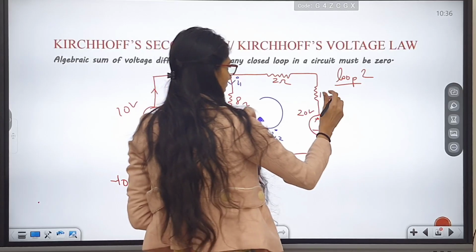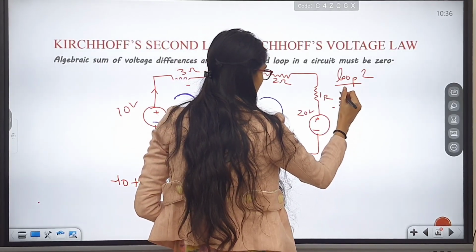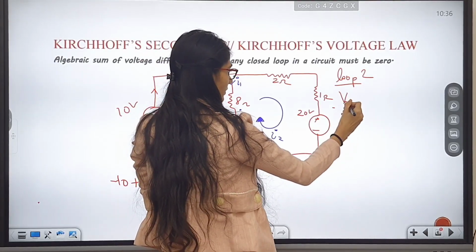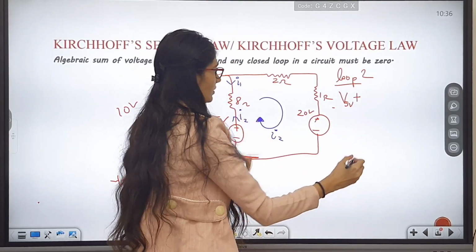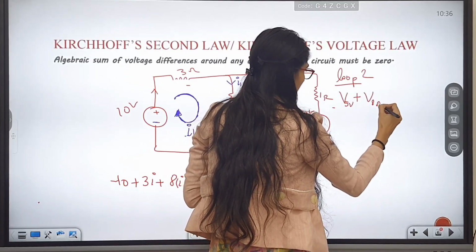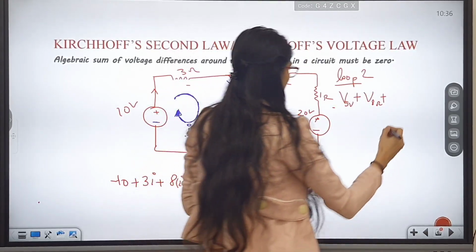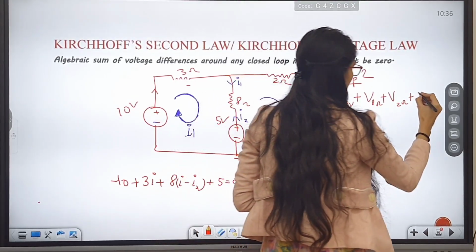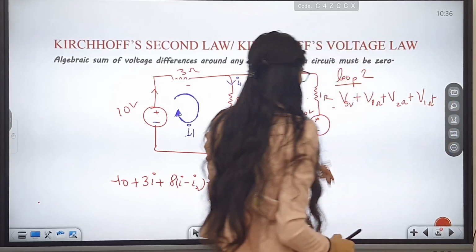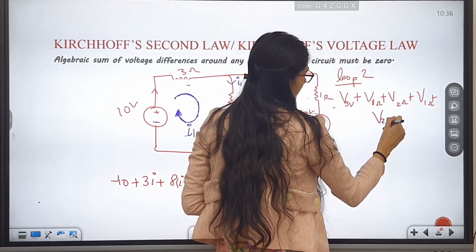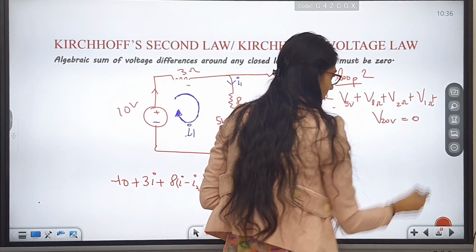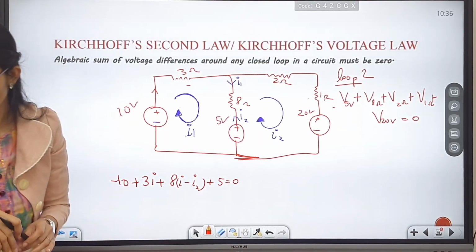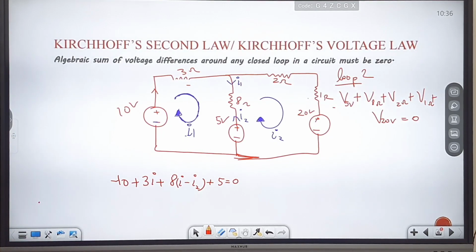In loop 2, we'll find voltage across 5 volt battery plus voltage across 8 ohm resistance plus voltage across 2 ohm resistance, voltage across 1 ohm resistance, voltage across 20 volt battery is equal to 0. The algebraic sum of the potential difference in a given loop should be 0.